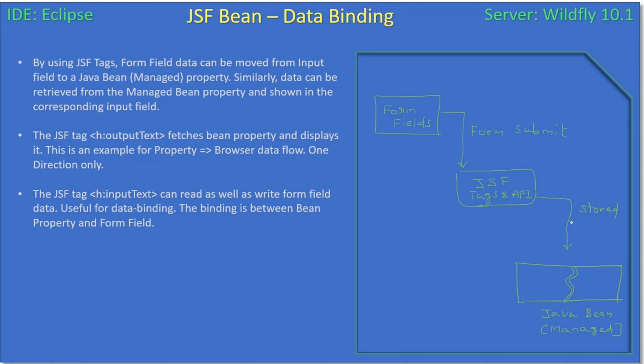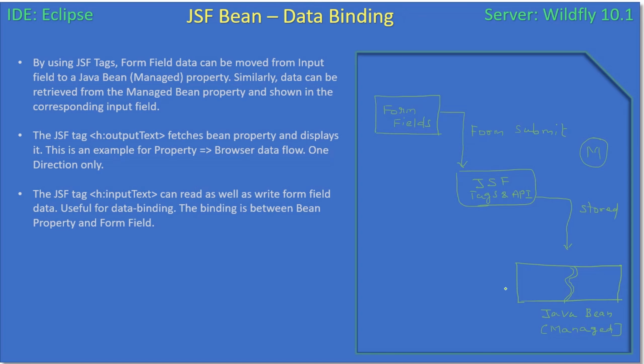So this is one direction. The form is submitted, and the JSF tags and the API will retrieve the form field and store that inside a JavaBean. We can call this the modeling phase, in the sense it retrieves the data and stores it here.